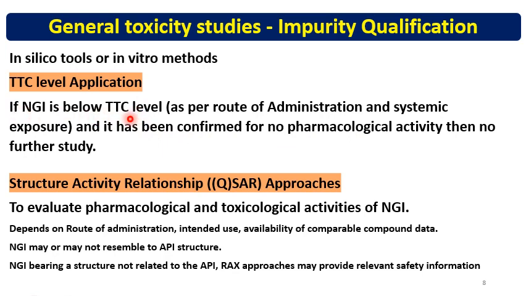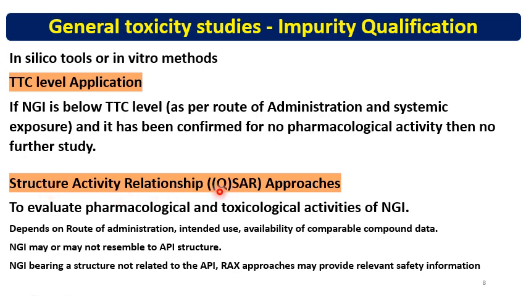If NGI is below TTC level as per the route of administration and systemic exposure, and it has been confirmed for no pharmacological activity, then no further study. Then another approach is structure activity relationship.